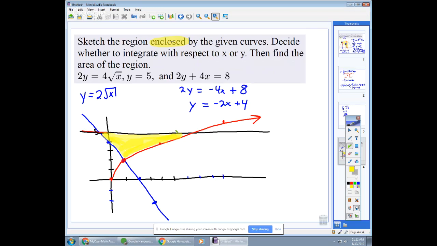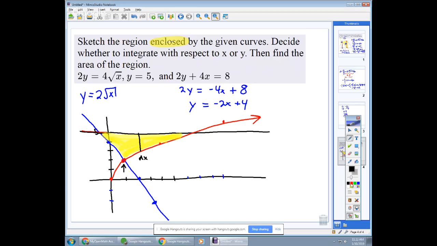So a couple options here. If I wanted to integrate, so we've been integrating with respect to x a lot of the time, which would mean I have this little sliver like this. So y equals 5 is always on top, but then I have to switch based on that intersection point for the bottom function. So that's going to take 2 integrals. No big deal. We can do 2 integrals.